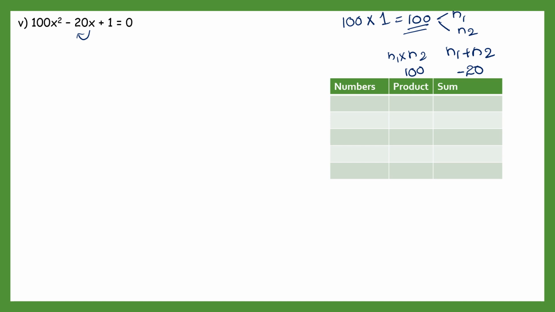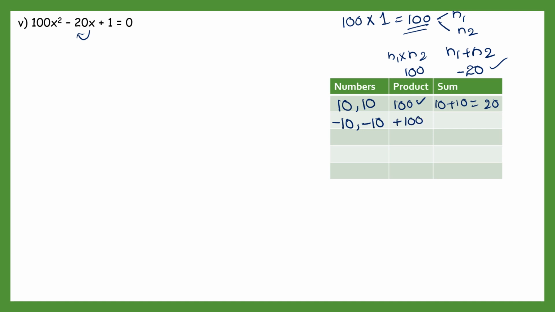So split 100. How can you split 100? You can write 10, 10. Two numbers are 10 and 10. 10 into 10 is what? 100. So this is correct. Then the sum of the numbers 10 plus 10 is what? 20. We need minus 20. So what should you do? You should take minus 10, minus 10. Minus into minus is plus itself. 10 into 10, 100.